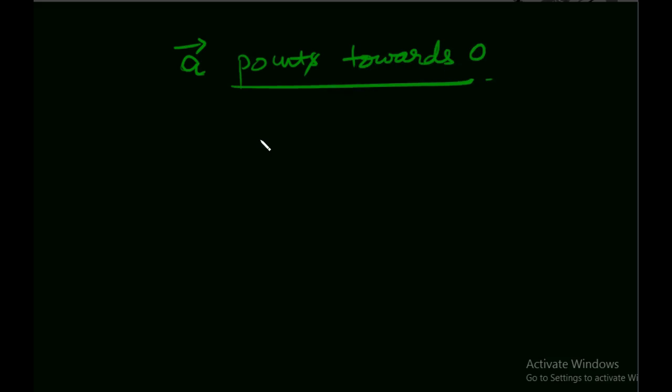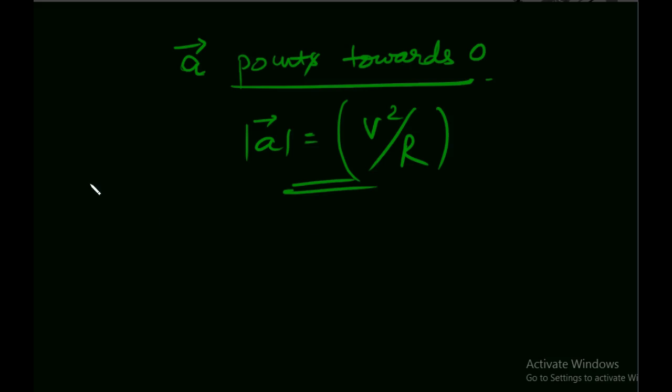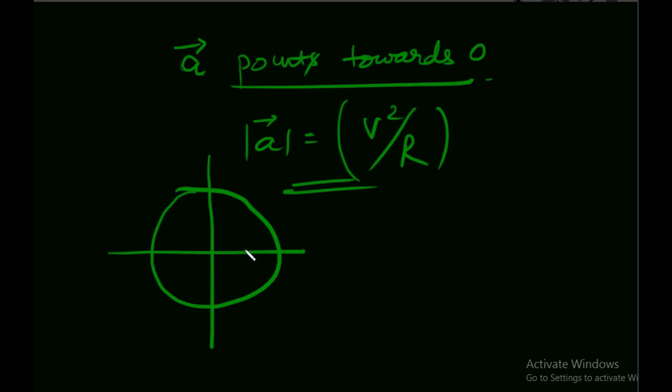So A points towards O. And magnitude of A will be equal to V square by R. So magnitude of A is V square by R pointing towards O. Alright. So now I have taken the acceleration. Okay, this acceleration is called centripetal acceleration.